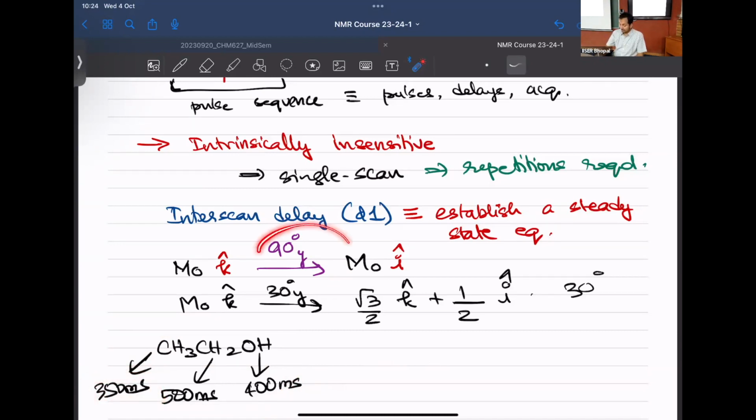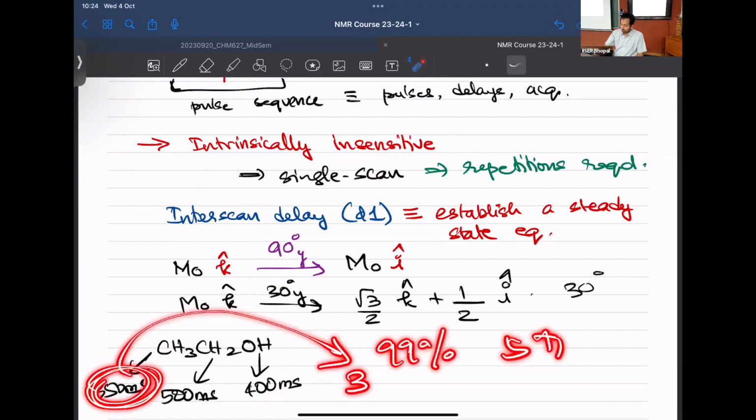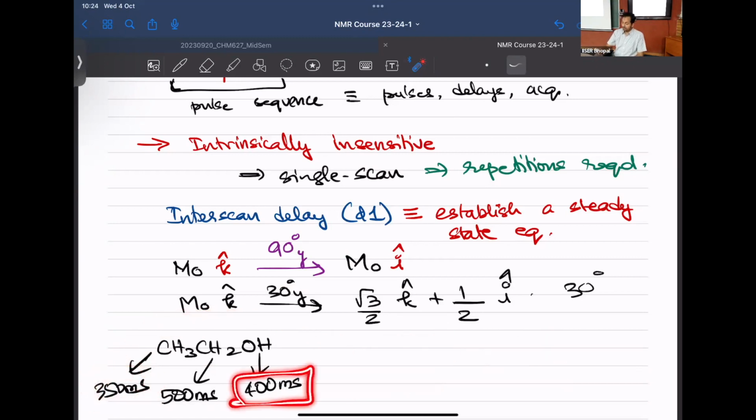Even if you assume a 90-degree pulse, for something like 99% recovery, you want 5 T1. So you're looking at something like 0.35 times 5, which is 1.7 seconds, right? On the other hand, something like the hydroxyl proton, just as an example, in a given solvent, if it has 400 milliseconds, will take 2 seconds.